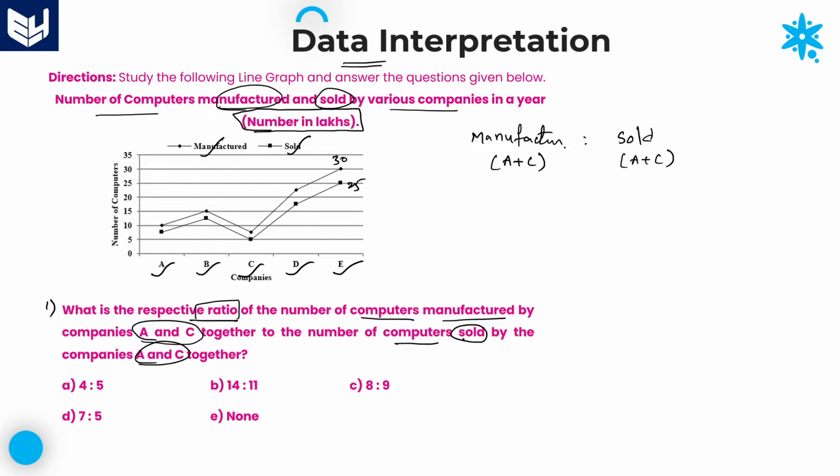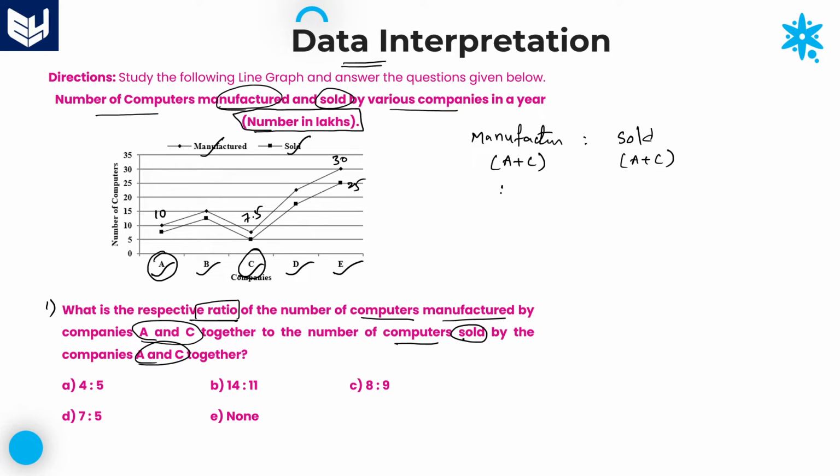Whenever you are calculating the ratio, it is not required to take in terms of lakhs. Directly you can take the number. Here we are talking about company A and company C. Company A manufacture value is 10, and company C manufacture value, which is between 5 and 10, that is 7.5.